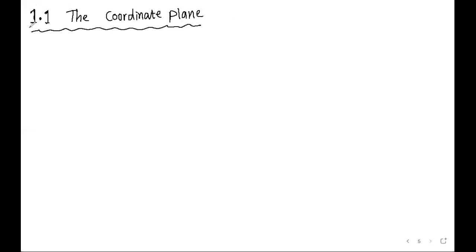So now 1.1 is the coordinate plane. Graph, coordinate plane.